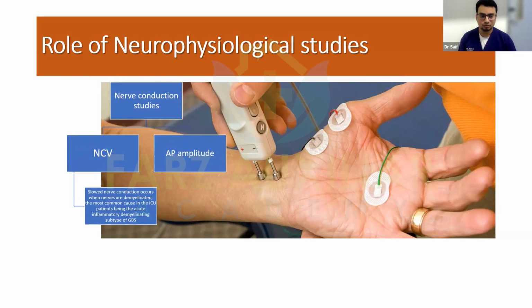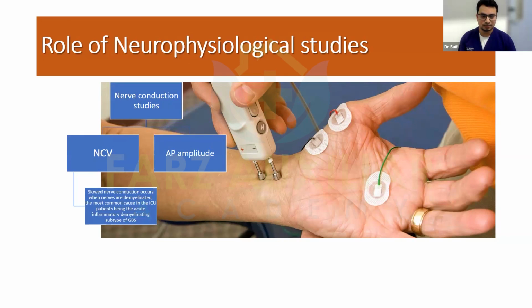Slowed nerve conduction, or low velocity, occurs when nerves are demyelinated, as we see in patients of GBS, especially the demyelinating subtypes of GBS, where you will see the slow nerve conduction velocity.